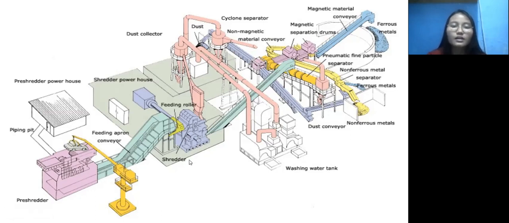In the shredder, the smaller pieces of scrap will be crushed, so the scrap will be even smaller than from the press. Then the product of the shredder will be charged through the magnetic separation to separate the non-ferrous metal and ferrous metal. The ferrous metal will be stored in the scrap yard and ready to be charged into the electric arc furnace.